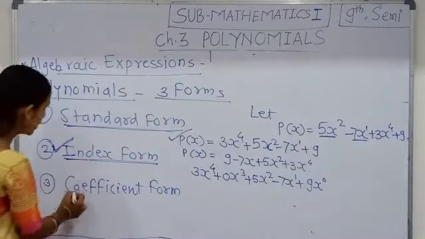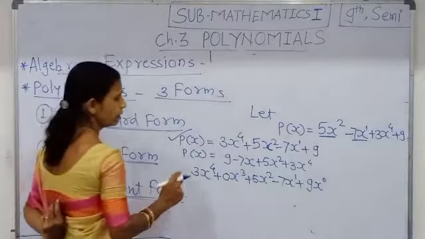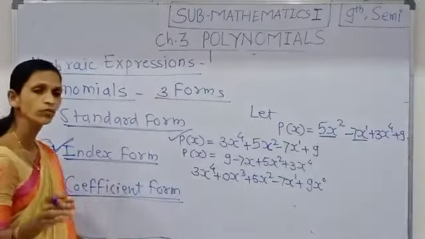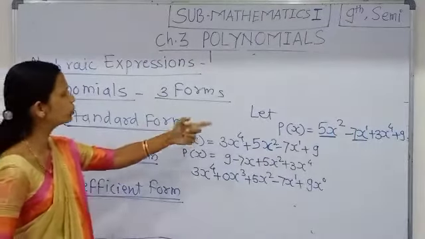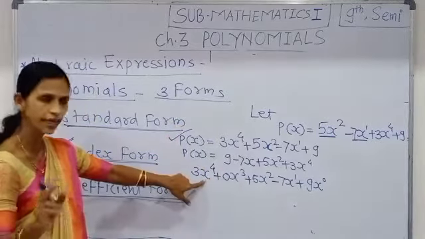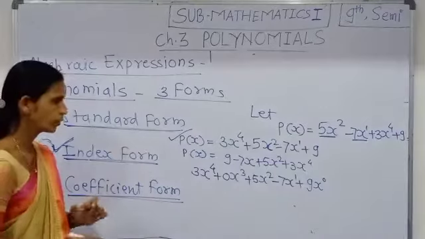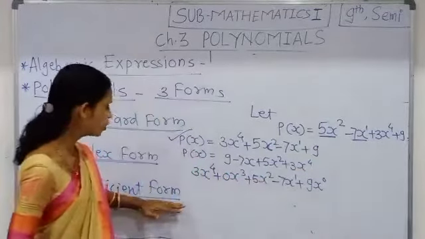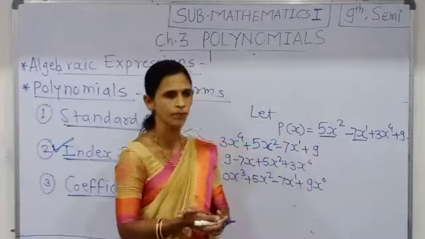Then we can write the coefficient form of the given polynomial. But when we write the coefficient form of any polynomial, first we have to convert it into its standard form, then write it in its index form, and only then can we write the coefficient form. We can't write the coefficient form using only the given polynomial.